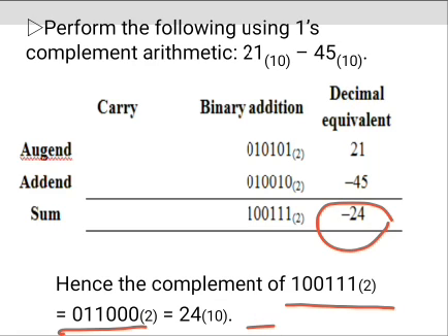If the result is required in the normal form, the answer is once again complemented. That equals 24. When the result is negative, addition does not generate any carry. Hence, there is no question of adding the carry to the intermediate sum.